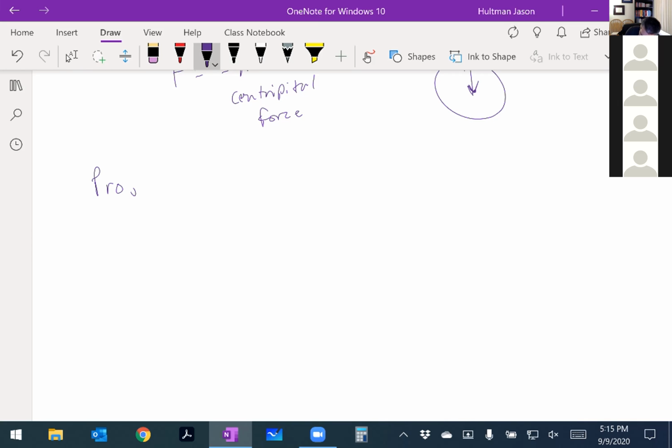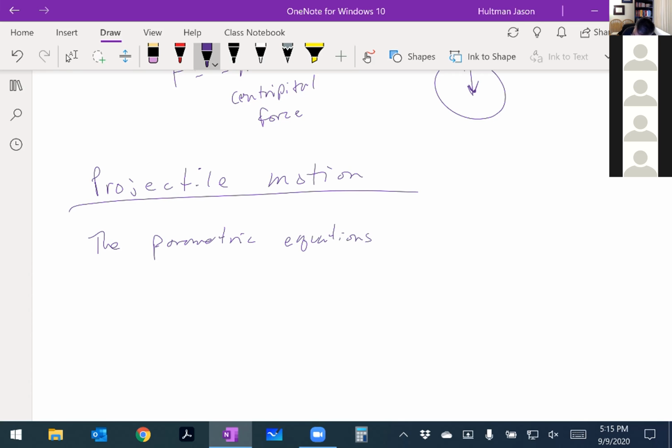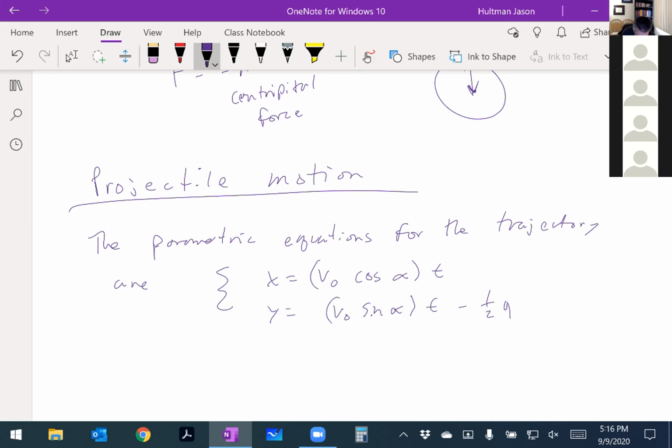Okay, let's look at projectile motion. The parametric equations for the trajectory are x equals v naught cosine alpha t, and y equals v naught sine alpha t minus 1/2 g t squared.